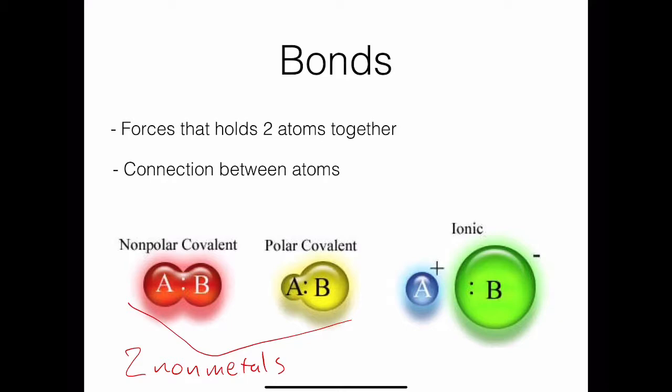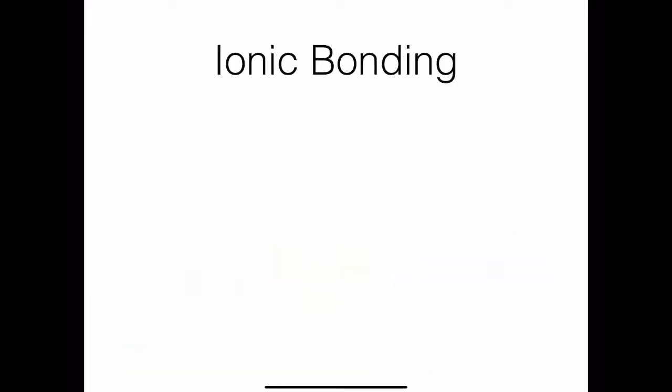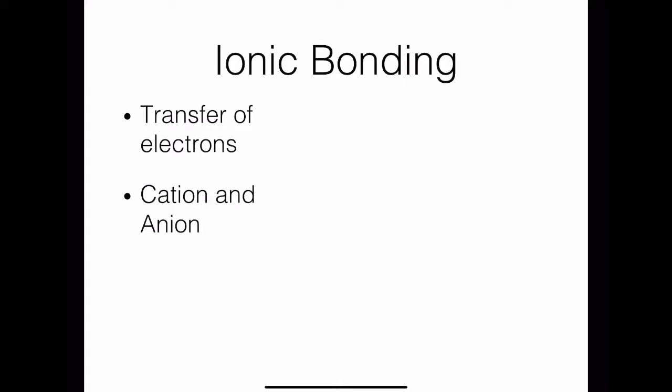So this was a metal and a nonmetal. This could be something like NaCl, whereas the covalent compound would be something like CO2. So we're looking at the difference between ionic and covalent, but specifically here focusing on the difference between nonpolar and polar covalent. Ionic bonding, remember, is a transfer of electrons.